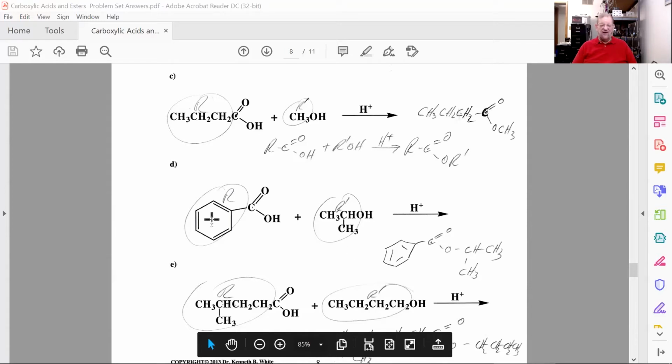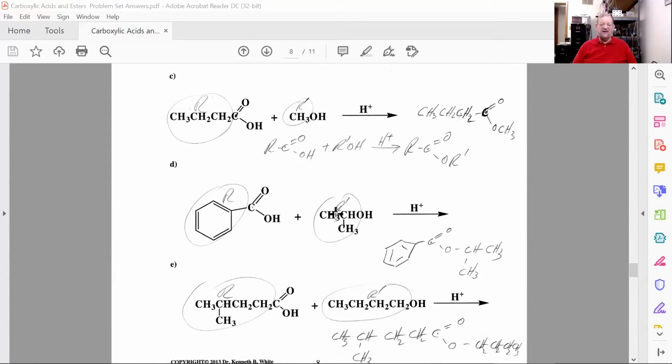Carboxylic acid, alcohol. R is a benzene ring. An acid and an alcohol will not react with a benzene ring. This is the beauty of functional group chemistry. If you don't know where it reacts, guess what? It doesn't. In terms of organic chemists knowing it, anyways, alcohol, carboxylic acid, R is benzene, R prime is isopropyl.